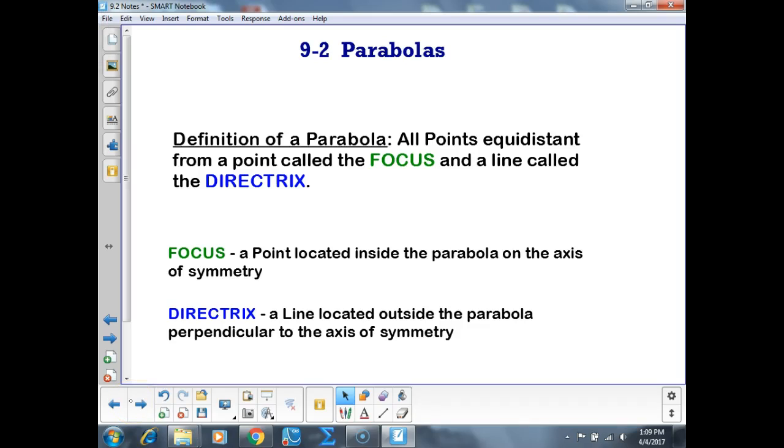So today we are going to start our parabola unit. I shouldn't say unit, our parabola section. Today we will get our introductory, so lots of vocab and figuring out what to do and when to do it.